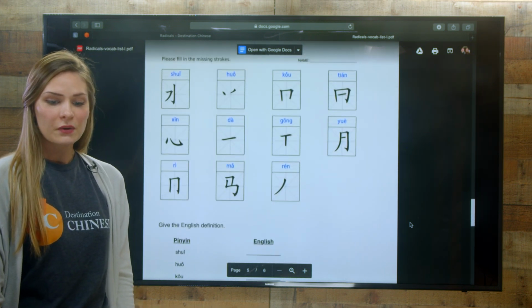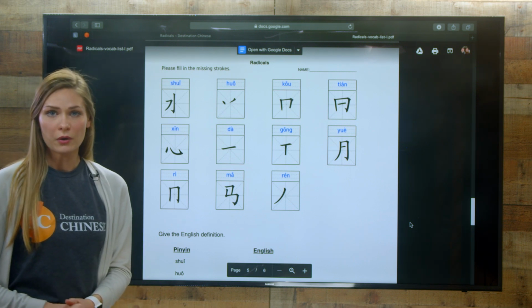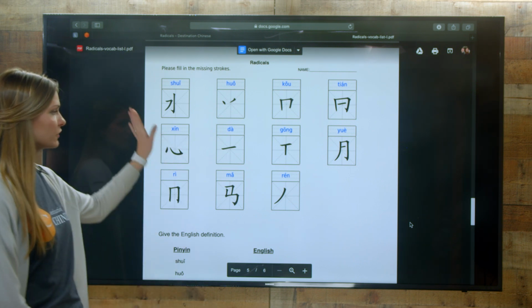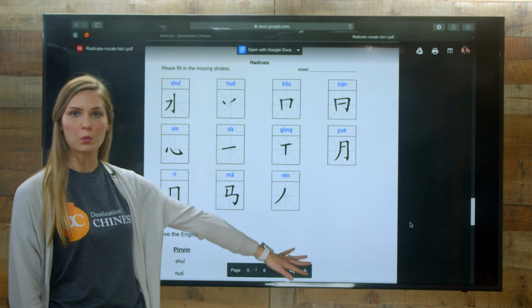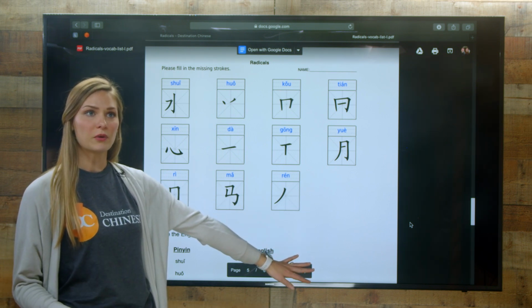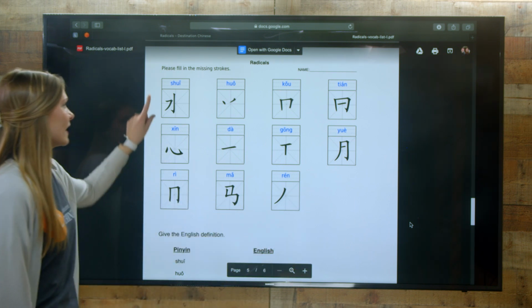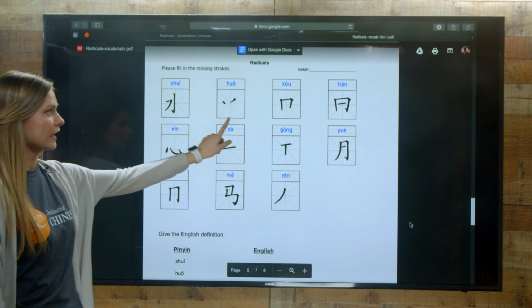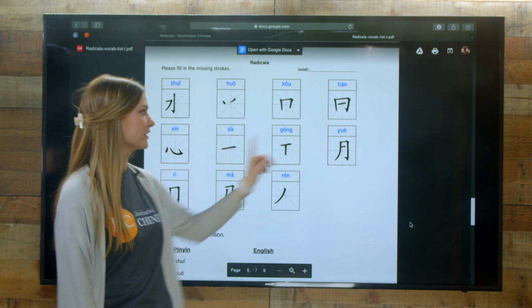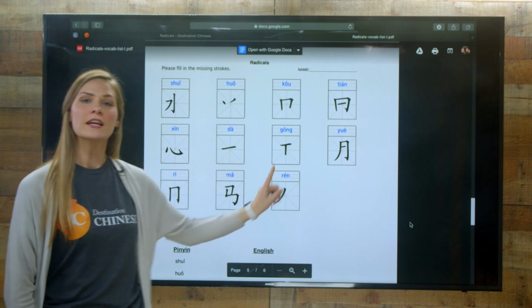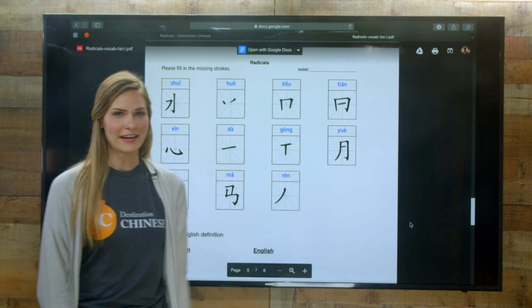And then after that, it's going to be called your missing strokes worksheet. So as you can see, you have all of your words for your vocabulary list, and it has a missing stroke on each word. And you've just practiced writing all of them, so I promise this will be a lot easier than it looks right now.